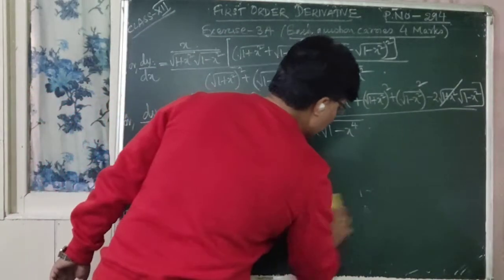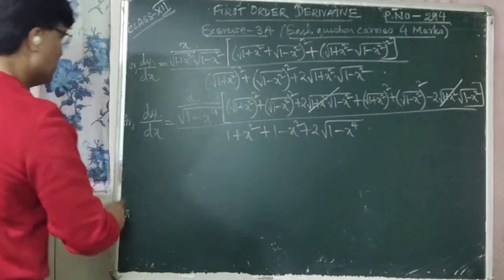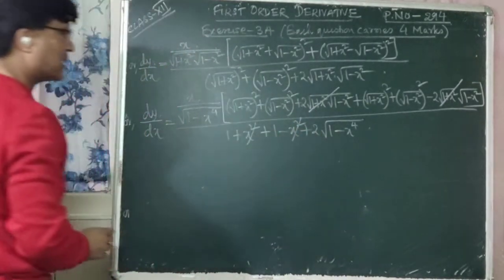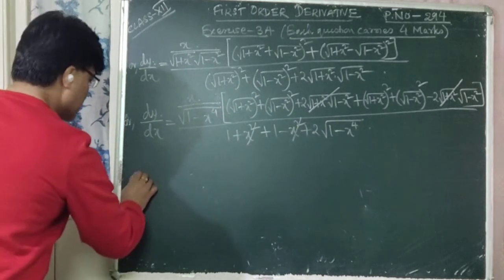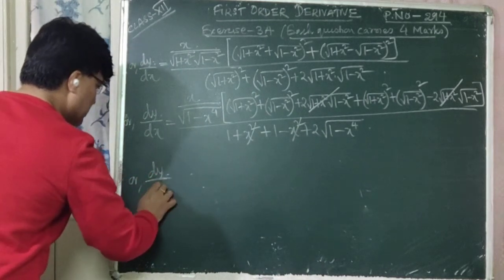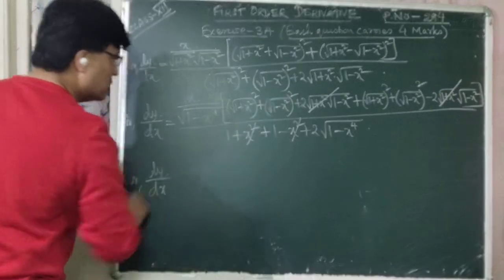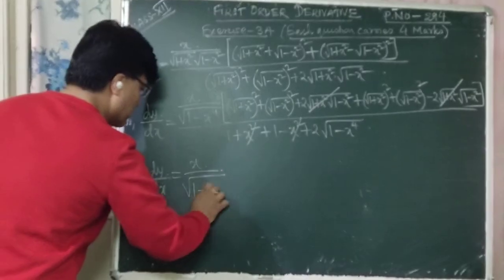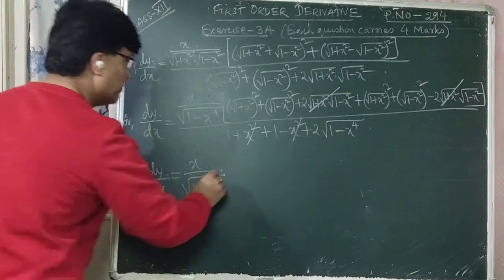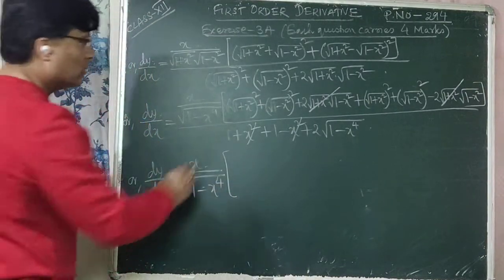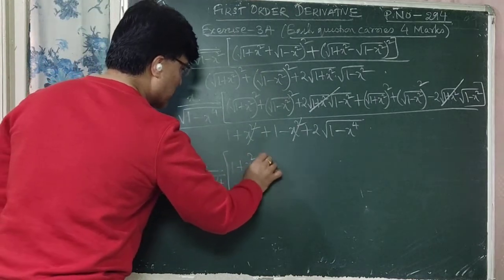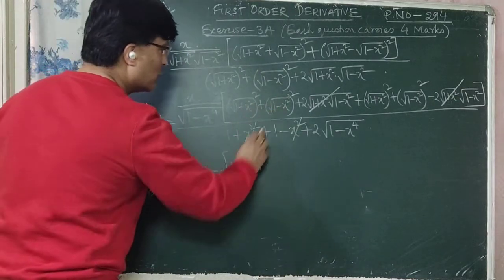So let us simplify further now. Here this x square gets cancelled, right? So this is dy by dx, these are in the denominators, is equal to x upon root over 1 minus x to the power 4. Then within the third bracket, what is root under 1 plus x square whole square? It is 1 plus x square plus, what is root under 1 minus x square whole square?